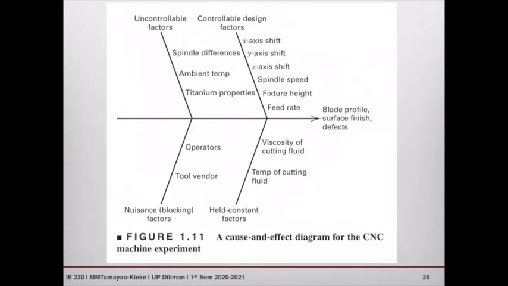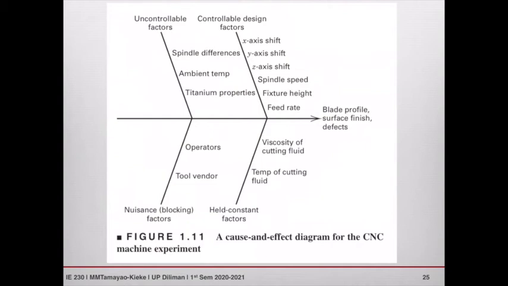This is another example of using fishbone diagram for exploring potential design factors. This one was constructed to help with an experiment to study the effect of several factors on the turbine blades produced on a computer numerical controlled or CNC machine.